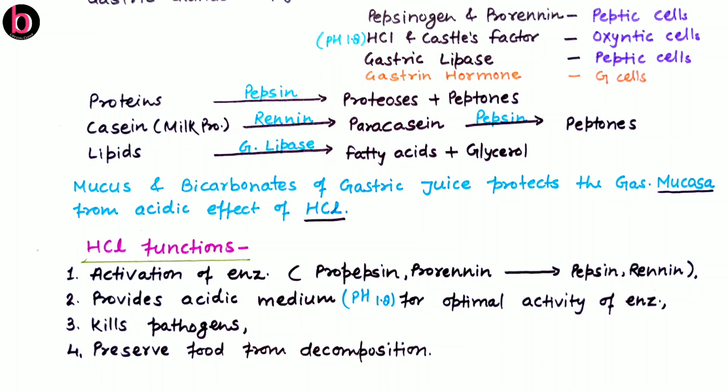So there may be a question: when human beings or other carnivorous animals feed on meat or flesh, why is the meat getting digested while their stomach, their alimentary canal, which is also made of the same meat-like structure, is not digested? This is because of mucus.